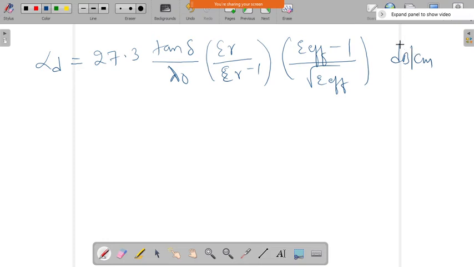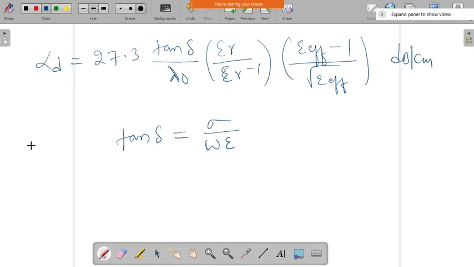As I said, this tan delta is the loss tangent of the dielectric, which we can represent by sigma by omega epsilon. Sigma is the conductivity of that dielectric, omega is the angular frequency, and epsilon is epsilon naught into epsilon r. So this is about the dielectric loss.